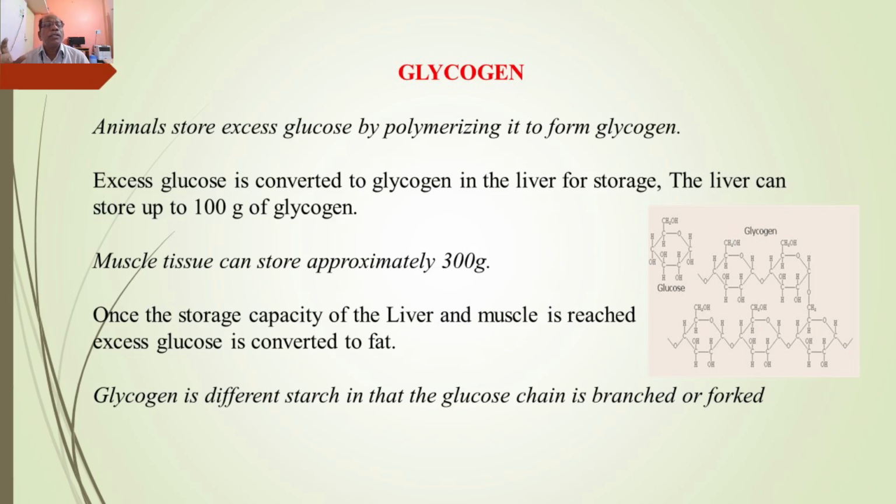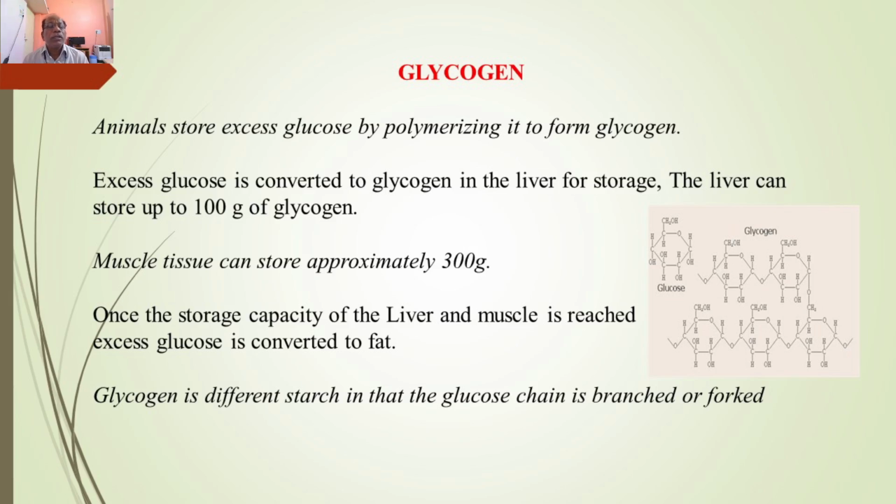The liver can store up to 100 grams of glycogen in the hepatic tissues, or liver tissues.